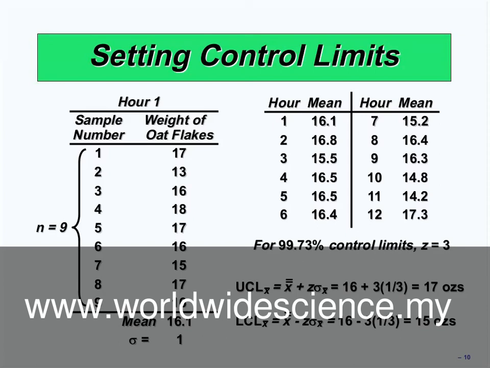Sigma x bar is calculated separately by sigma divided by the square root of n. Sigma is 1 divided by the square root of 9, that is 3. So it is 1 divided by 3, written inside the parenthesis, as you see. This is sigma x bar.